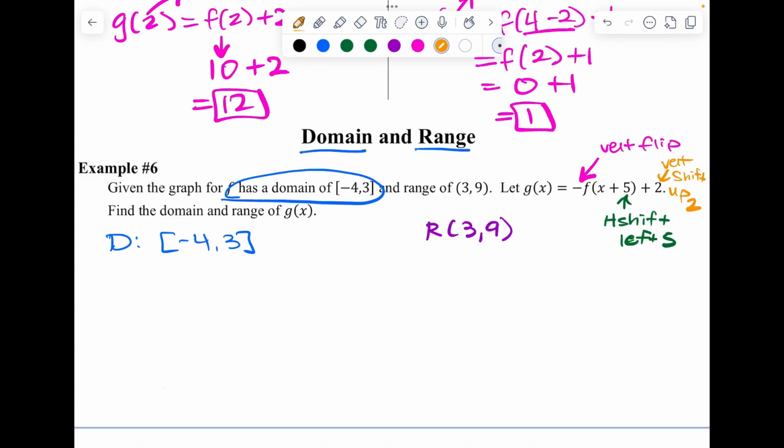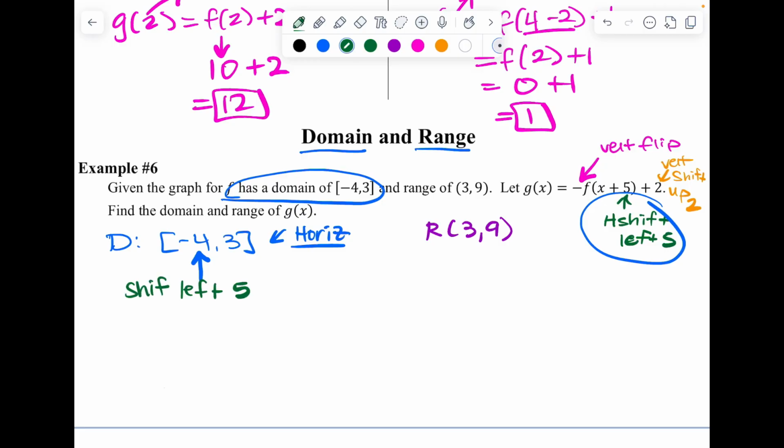So let's talk about what's what. We know the domain describes the x values, so it would change by any horizontal changes. Where do we see horizontal changes? Only here, shifting everything left 5.